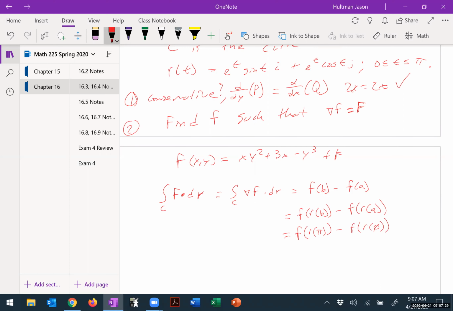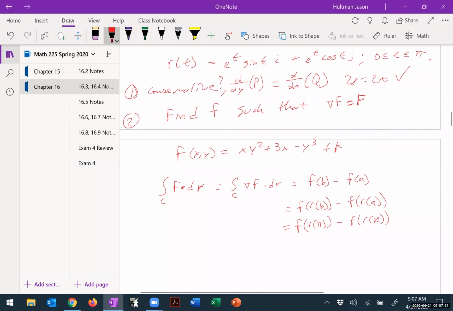Now I have to evaluate, well, what's f of r of pi? What's r? R is this function here. So what's r evaluated at pi? Let's plug in pi here: e to the pi sine pi i plus e to the pi cosine pi j.